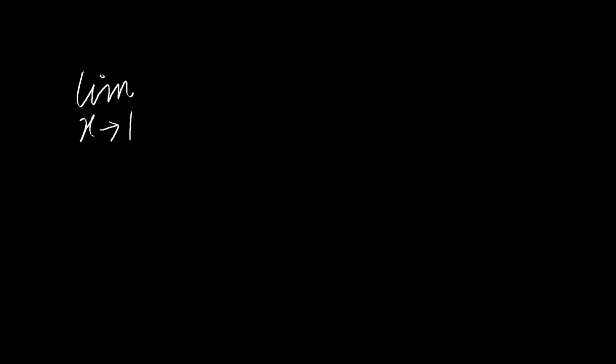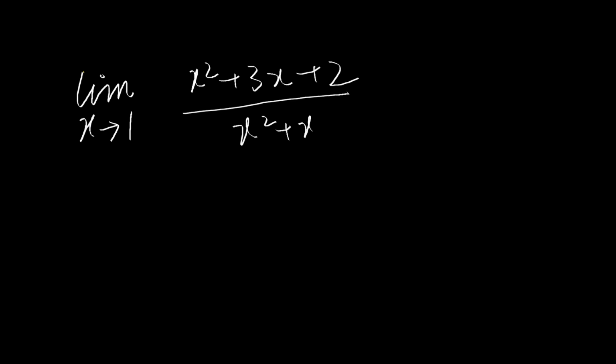So when x approaches 1, we have to find limit of this function x squared plus 3x plus 2 over x squared plus x plus 2, whole square.